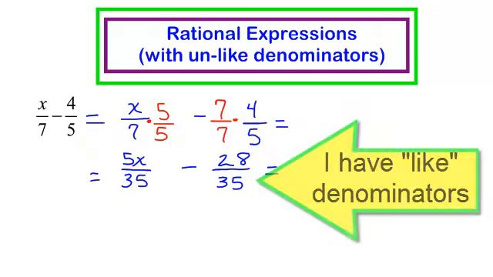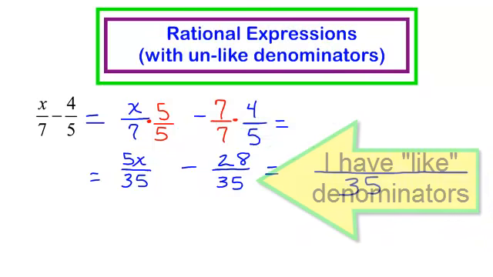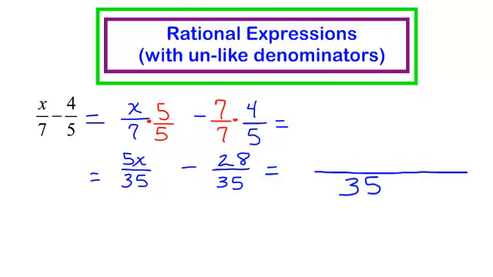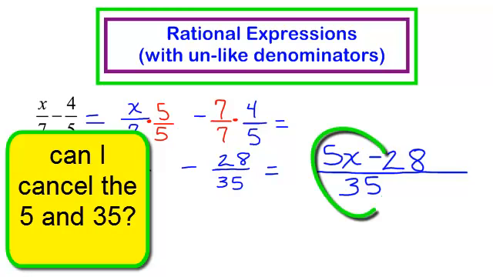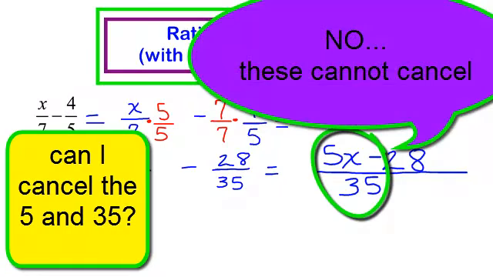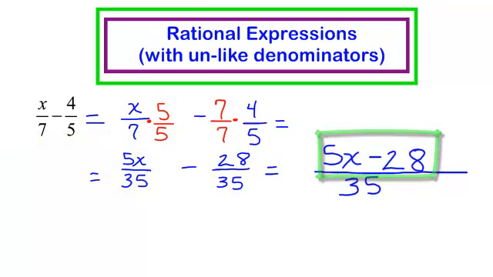I have a like denominator now. That is great. My answer will be over 35, and that will be 5x minus 28. Can I factor the numerator in order to reduce? No. Could I reduce this 5 and 35? No. This is 5x minus 28. That is not just 5x.